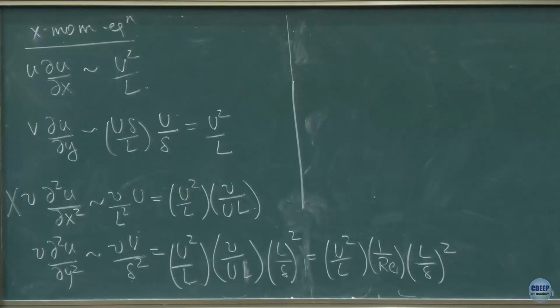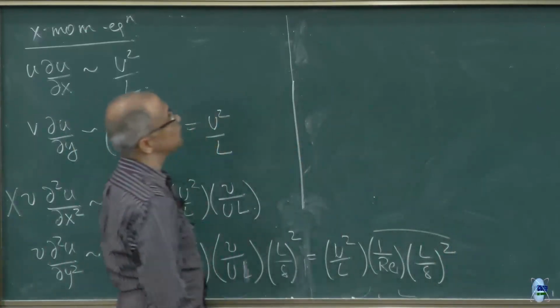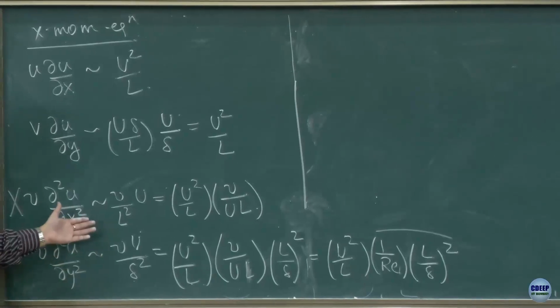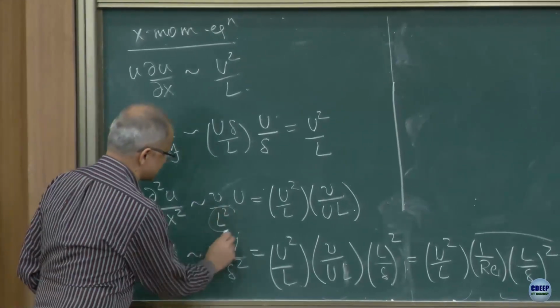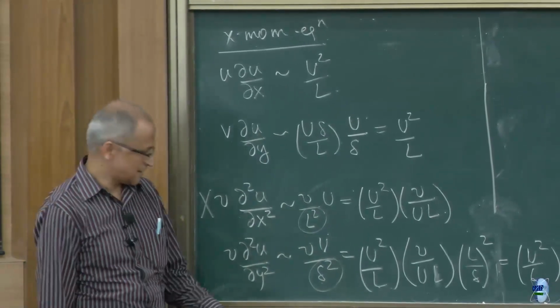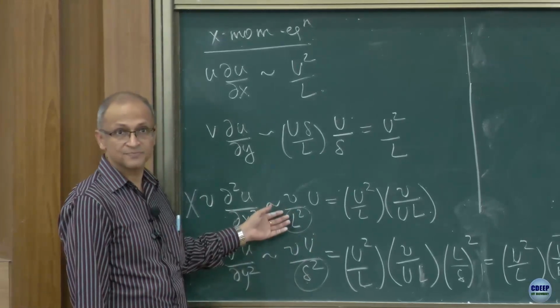So what do we do here? Now we make the argument that we have lost both the terms in the y momentum equation, and it was very convincing. Here, this is the smaller of the two terms, that is also very clear, because here we have L squared sitting, here you have delta squared sitting, and delta is smaller than L. So it is very clear that this term is larger than this term.